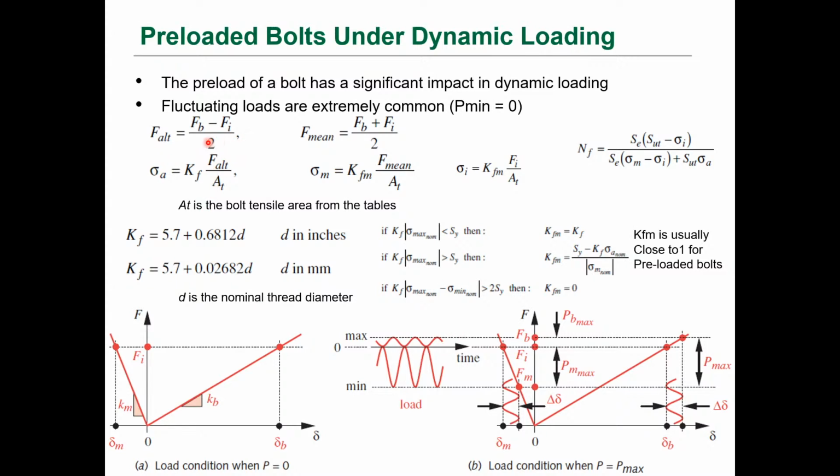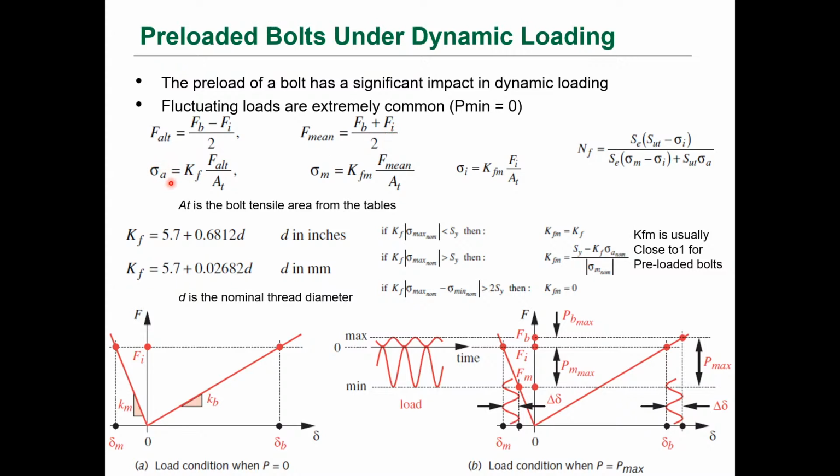We get an alternating load that's the bolt load minus the preload over 2, and a mean load that's the sum of the bolt load plus the preload, Fi.